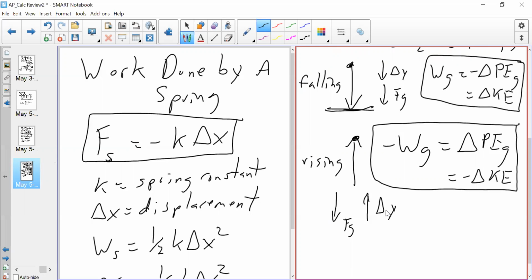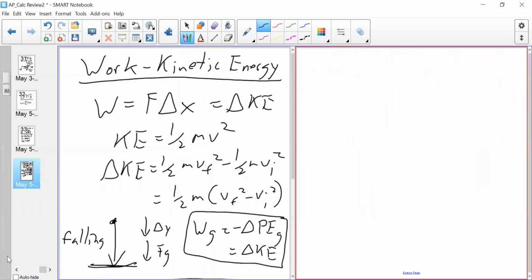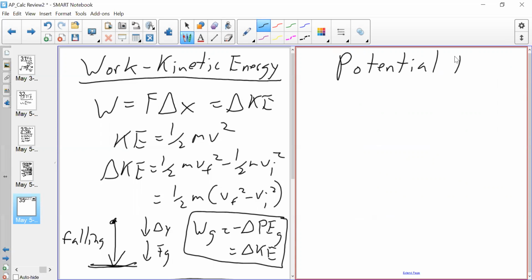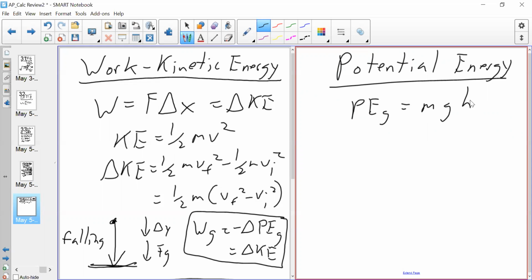All right, so that just leads into the potential energy. We know what kinetic energy is. Potential energy, or gravitational potential energy, is mgh, commonly mg delta y.